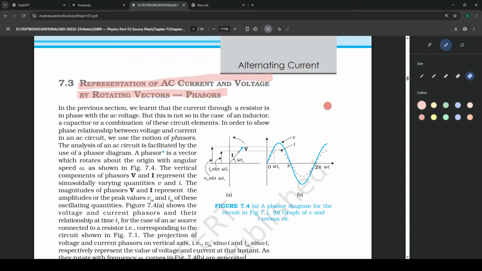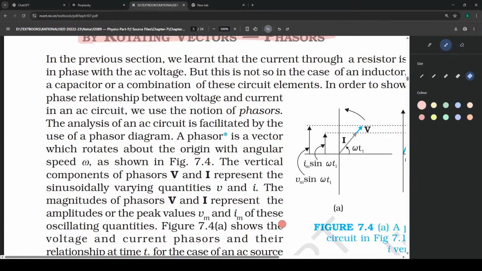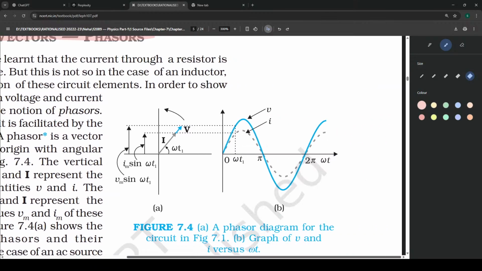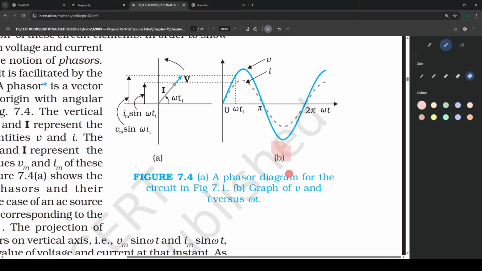The first way we saw was through this kind of graph of V, that is voltage, and I versus omega t, that is the angle.